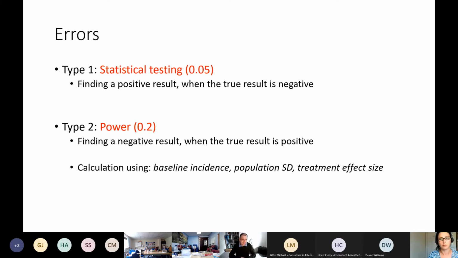Okay, so errors. So why do we do stats? Well, we do stats because we want to demonstrate that these are genuine findings, that they're not occurring by random chance.